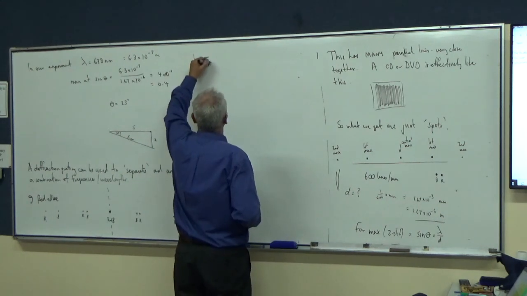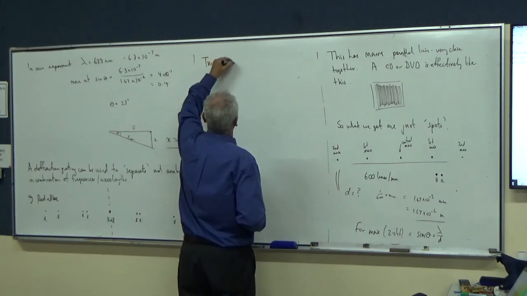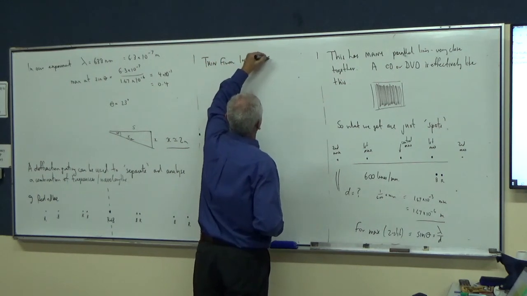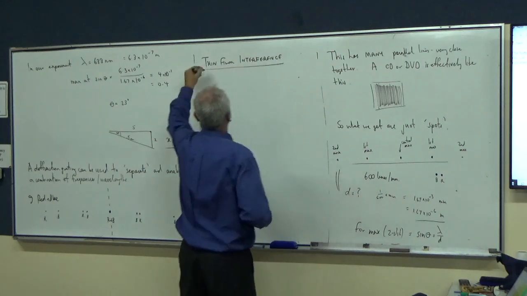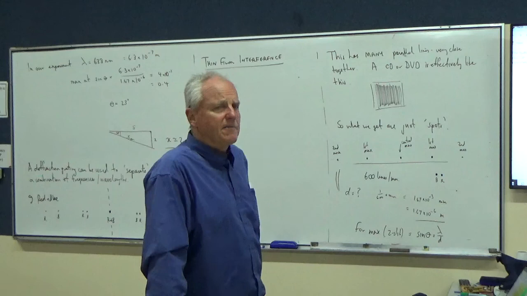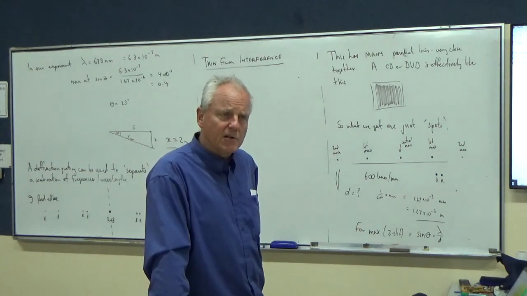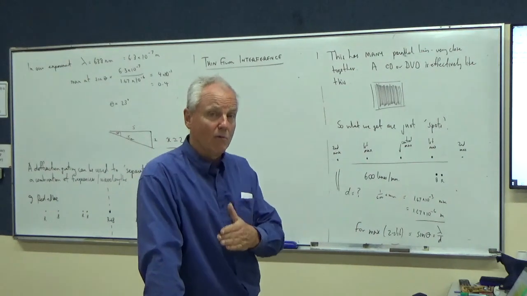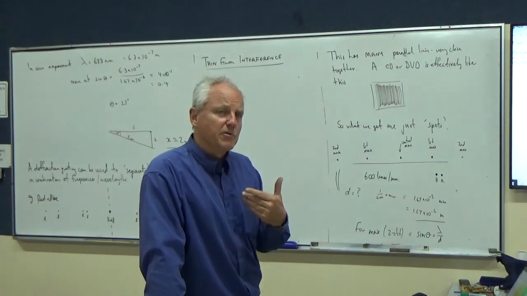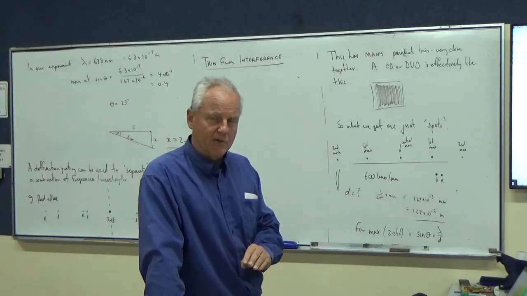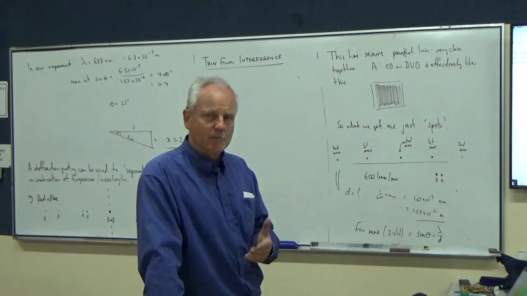Thin film. Thin film interference. Okay. Interference, combination of more than one wave, of two or more waves, which is going to produce constructive and or destructive interference, producing maxima and minima.